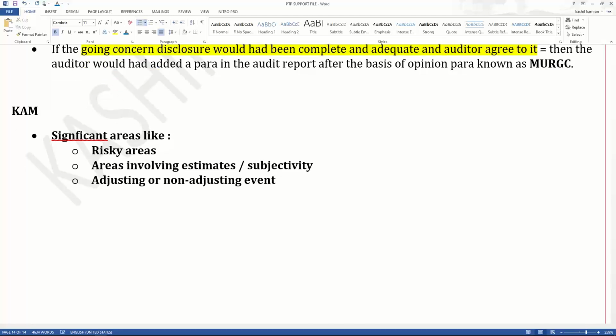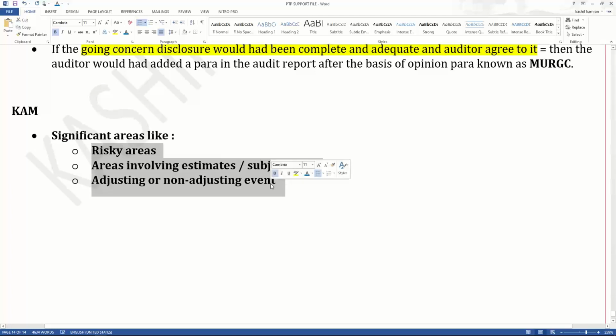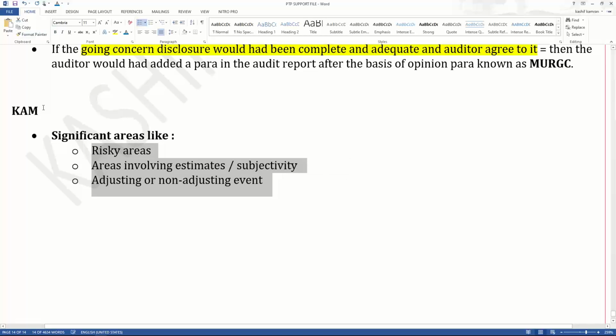So when you look at the definition, CAM comes in the audit report for significant areas like risky areas, areas involving estimates or subjectivity, or adjusting or non-adjusting events. CAM does not come for going concern matter.